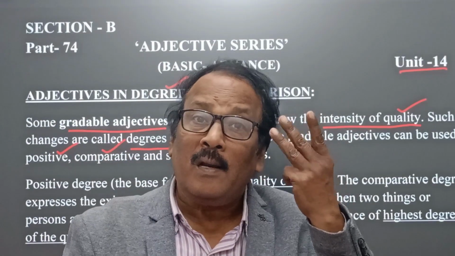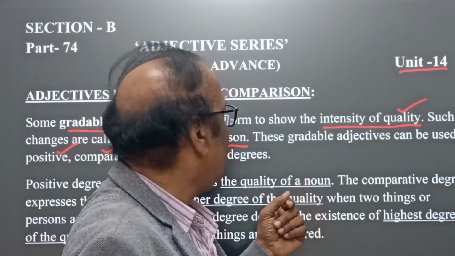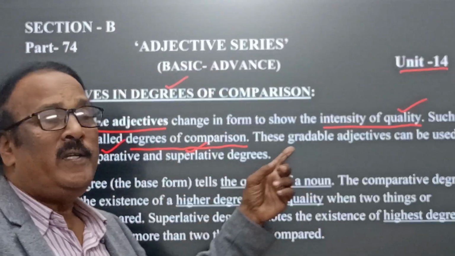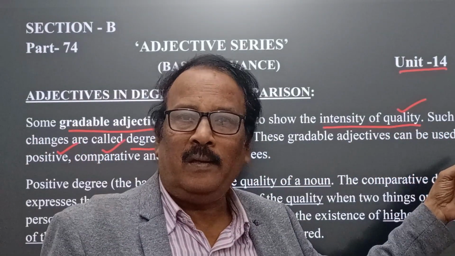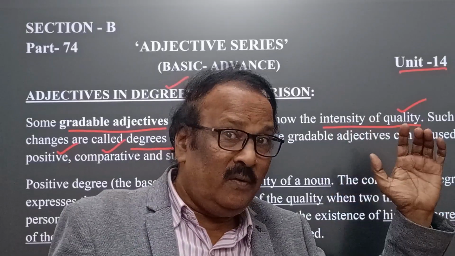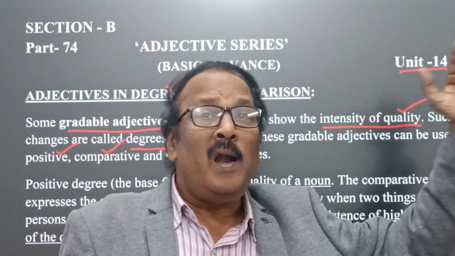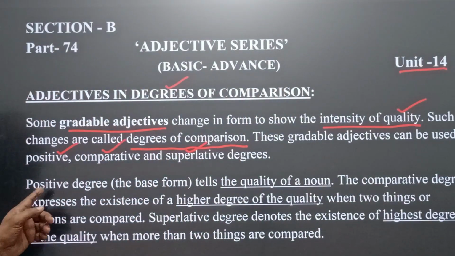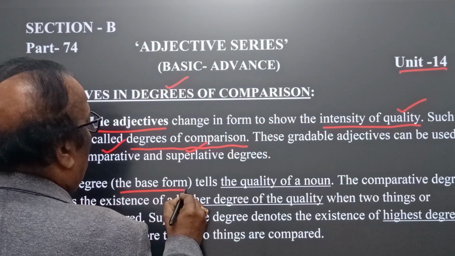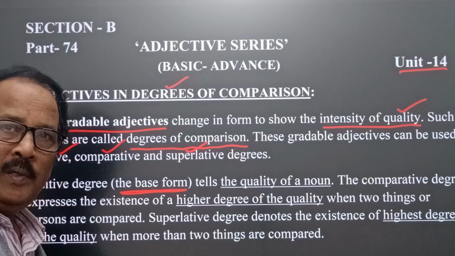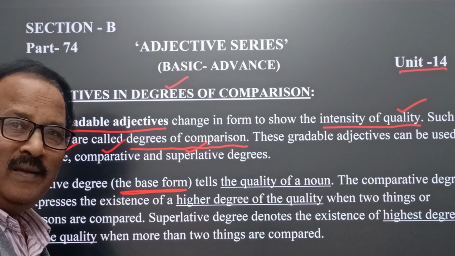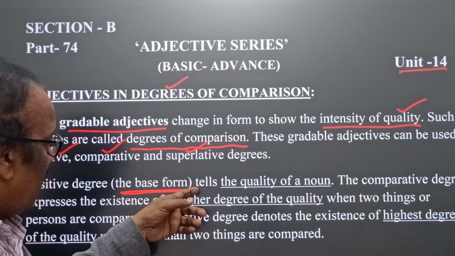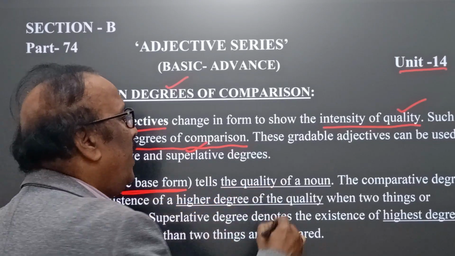Yes, there are 3 degrees indicating intensity of quality. Okay, positive, comparative and superlative. Okay, now see how. Positive degree, the base form of adjective, is called positive degree. Yes, it tells the quality of a noun.